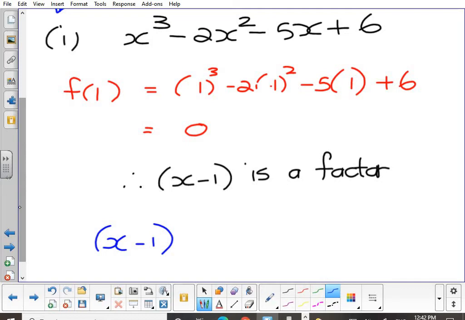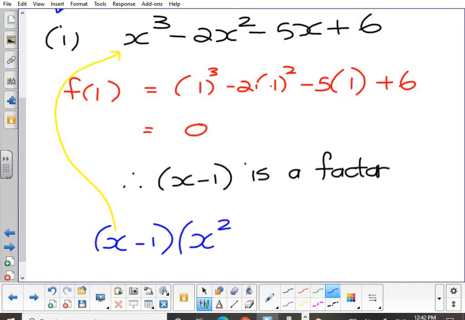So how do I get the rest of the answers? Here we go. I take that x of mine and I ask myself the following: with what should I multiply that x to get to x to the power of 3? The answer would be x squared.